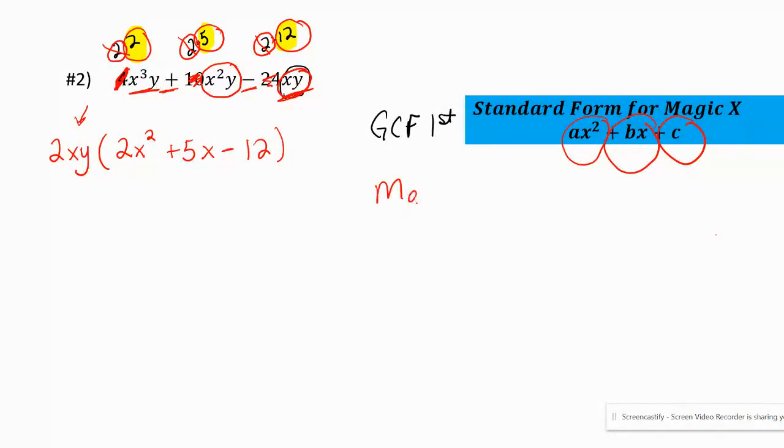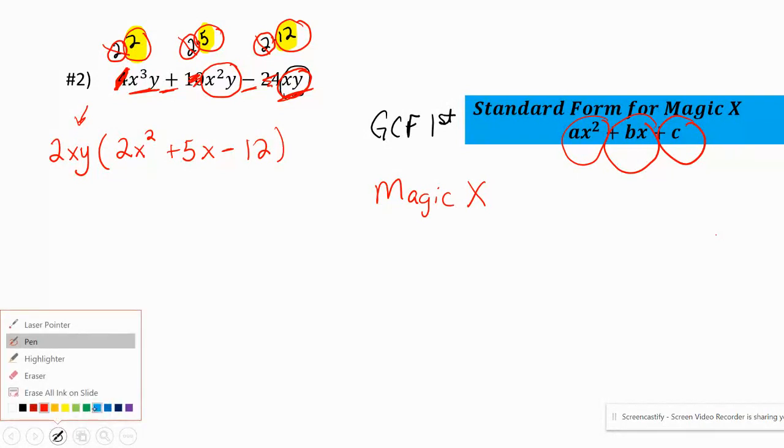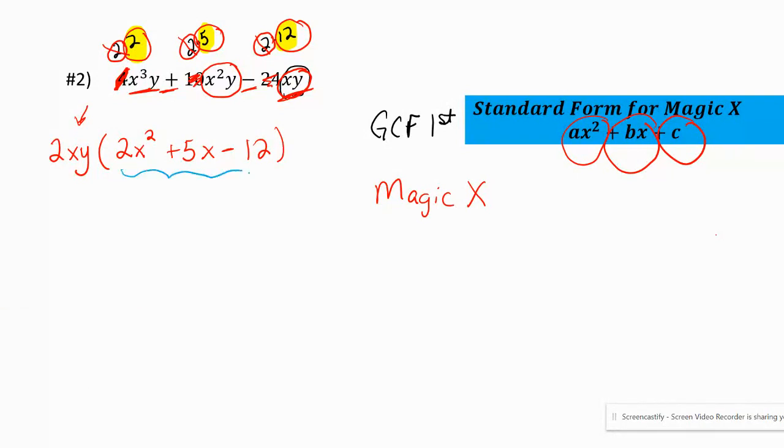So the next step will be to do the magic x. So you're going to focus just in here for the magic x. So I bring down the greatest common factor into our final answer. We'll need 2 parentheses. This will be our final answer.